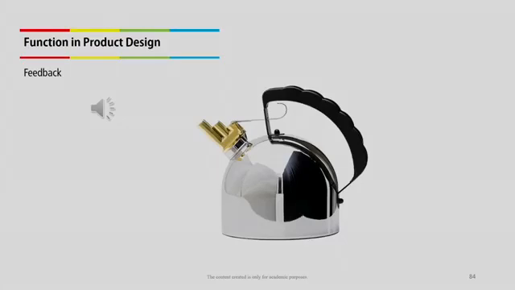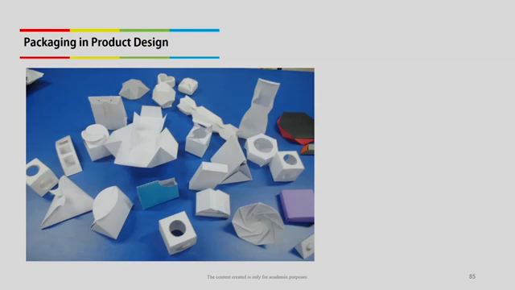For example, in this particular case of a kettle, when steam is produced, it creates a particular sound, something like this. So, it is an indication of task completion, as well as it is increasing the product experience.